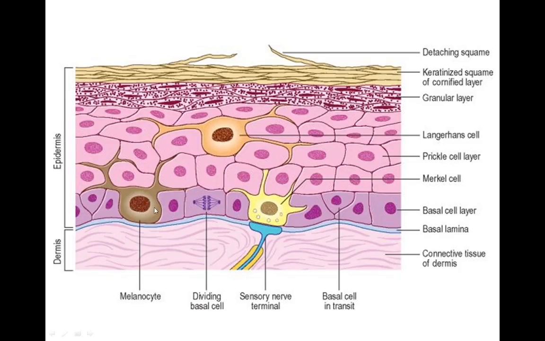These are melanocytes. See, this is one melanocyte. Now, suppose another melanocyte is here. These melanocytes have some protoplasmic projections. Have you seen? These are protoplasmic projections. These projections extend throughout the epidermis and connect with the neighboring projections of the melanocytes.